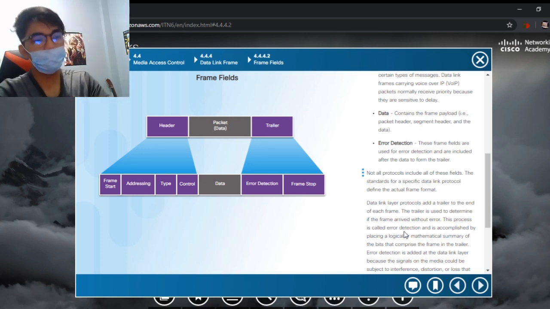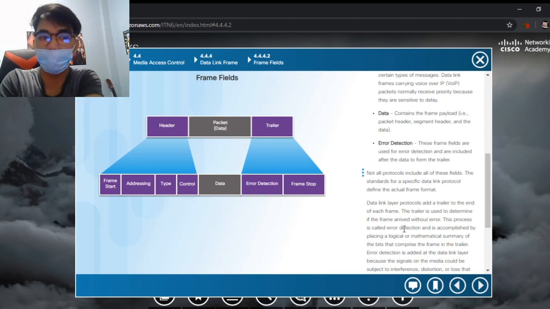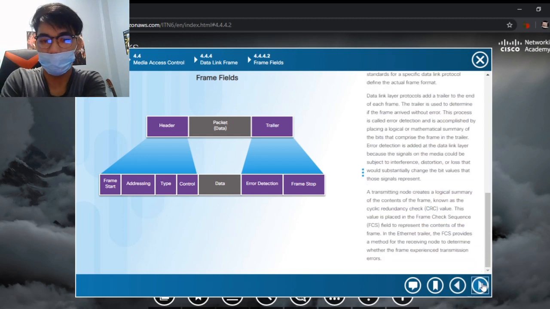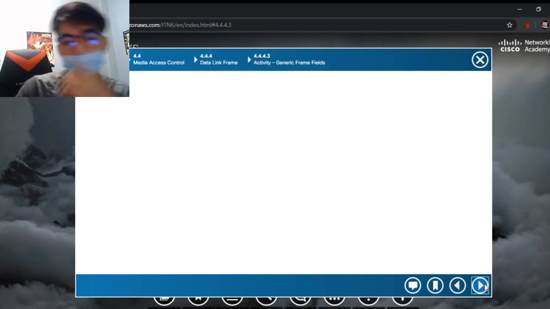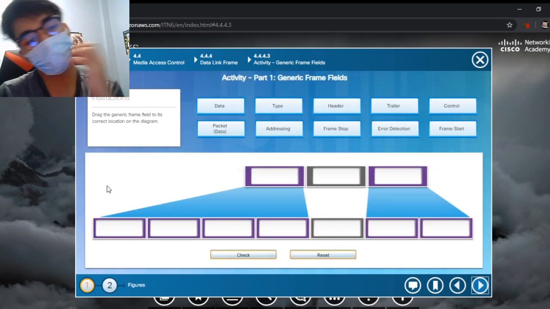In the headers there would be these, and for the trailers there would be error detection and frame stop. Always check that. Then CRC or cyclic redundancy check, or FCS or frame check sequence. Then there's an activity, so let's try to answer it.